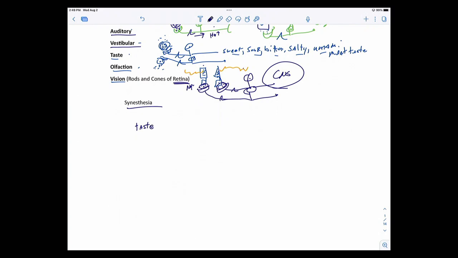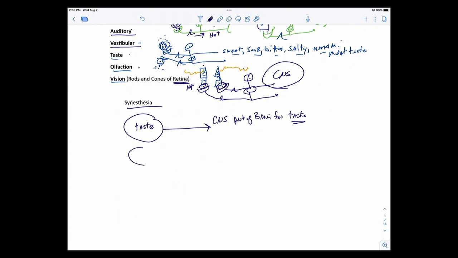You receive some type of stimulation with taste, gustatory, and that is going to go to the central nervous system, to part of the brain for taste. So when the part of the brain for taste is stimulated, then you have a conscious sensation: oh, I'm tasting something. Maybe it's sweet, maybe it's sour, but I'm tasting something.